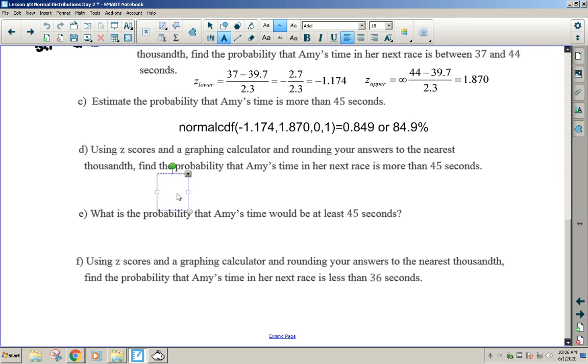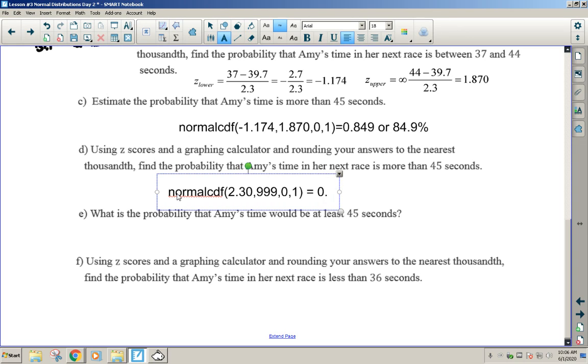So letter D, this one would have been 2.30. They want you to go above, so that's the 999, the 0, and the 1.